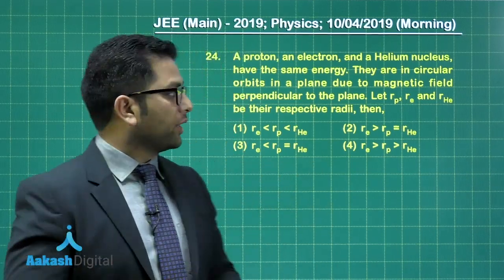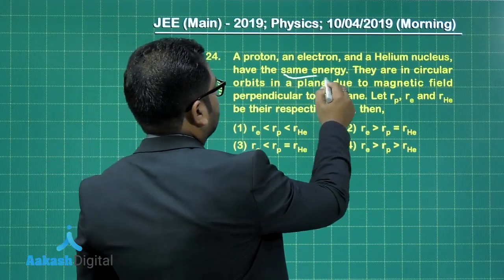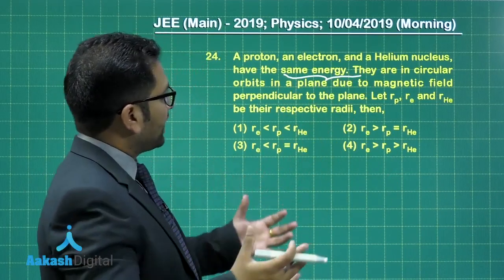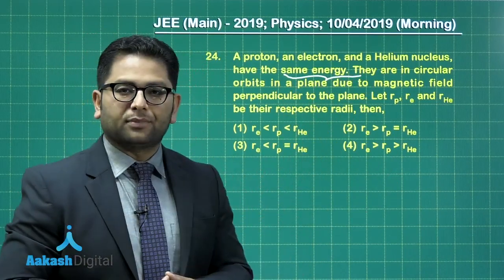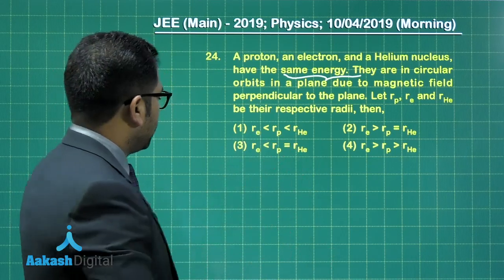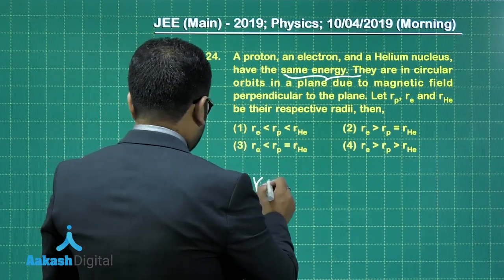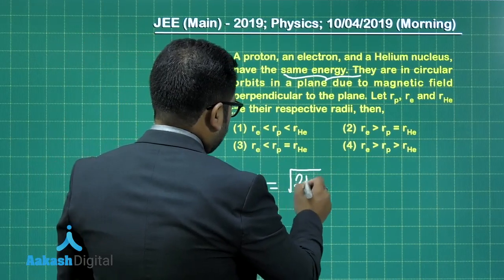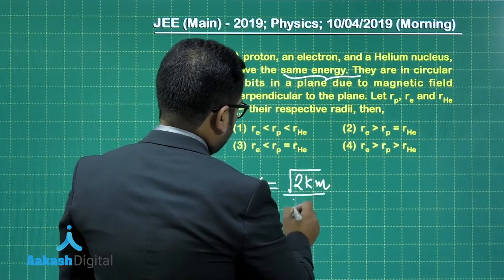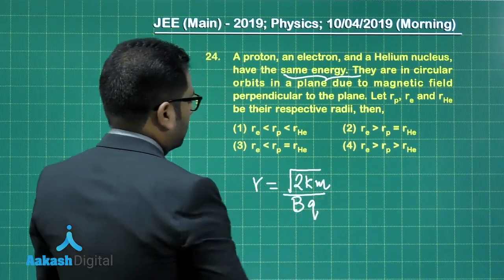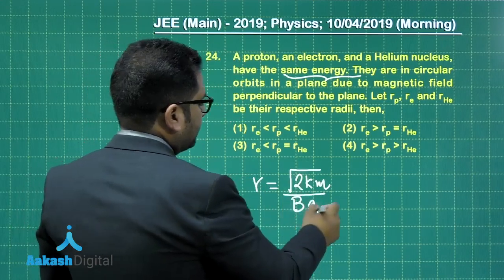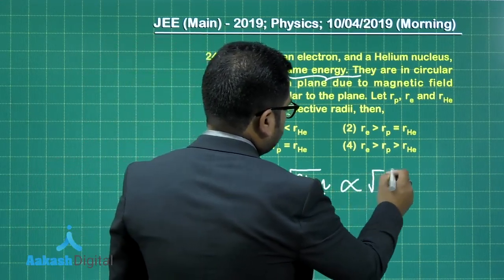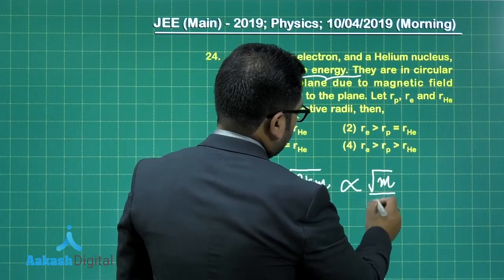So look at the clue point, all have the same kinetic energy. We need to find the relationship of their radii, which is there. And now it comes, R is root of 2Km divided by BQ. And see, kinetic energy for all is same, so this will effectively be root m upon q.